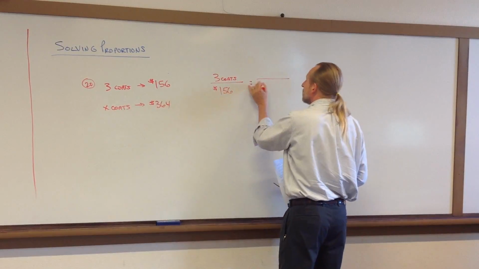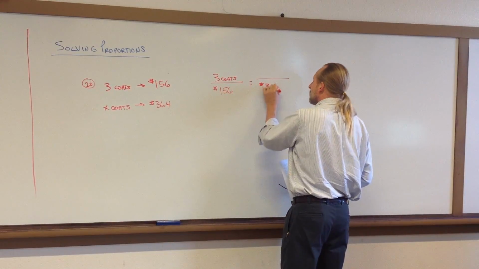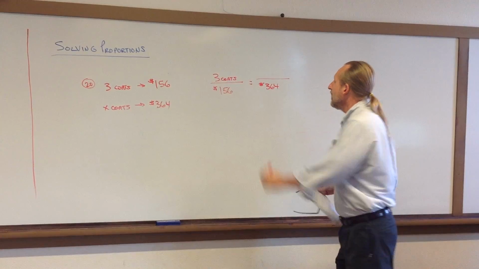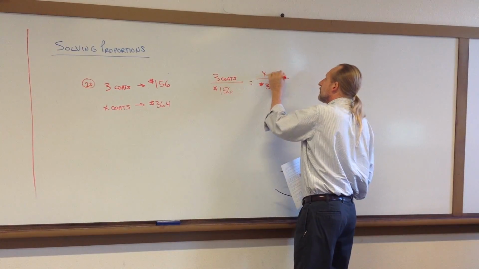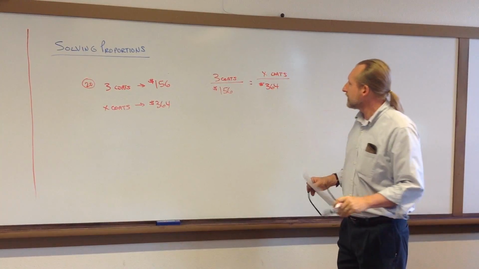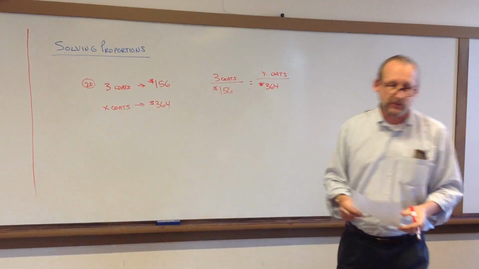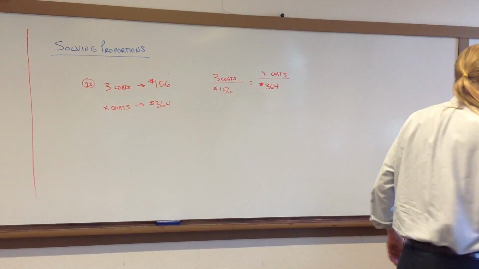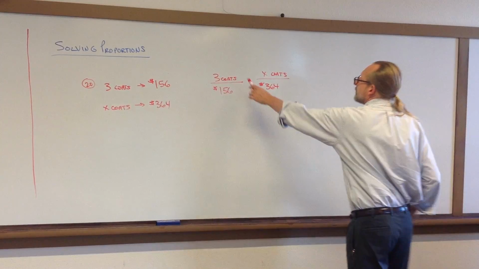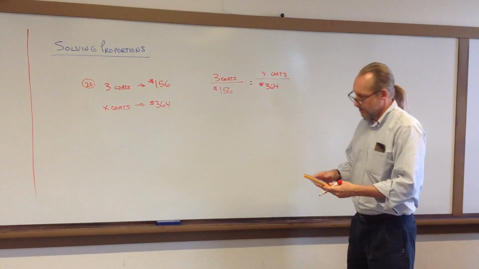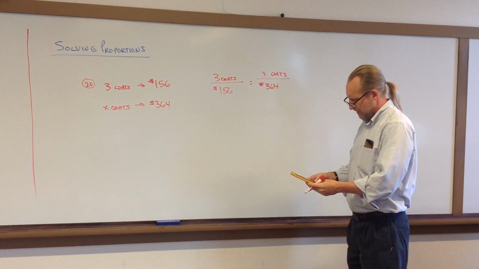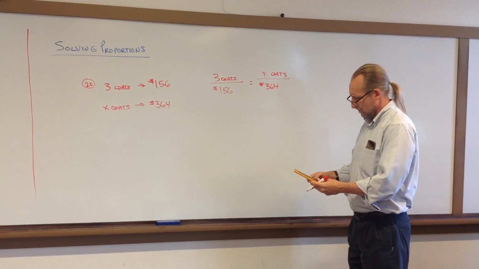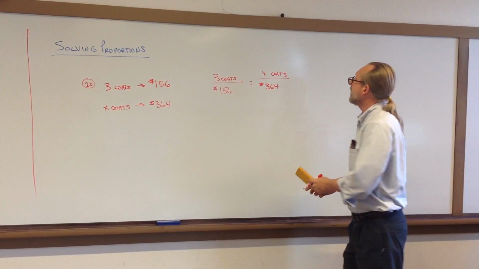So here the dollars should match up with the dollars over here, and then we'll be solving for how many coats you can buy right there. Okay? And so again, if we use that rule of 3, we can do 3 times 364, and then divide by 156. And that comes out to 7.